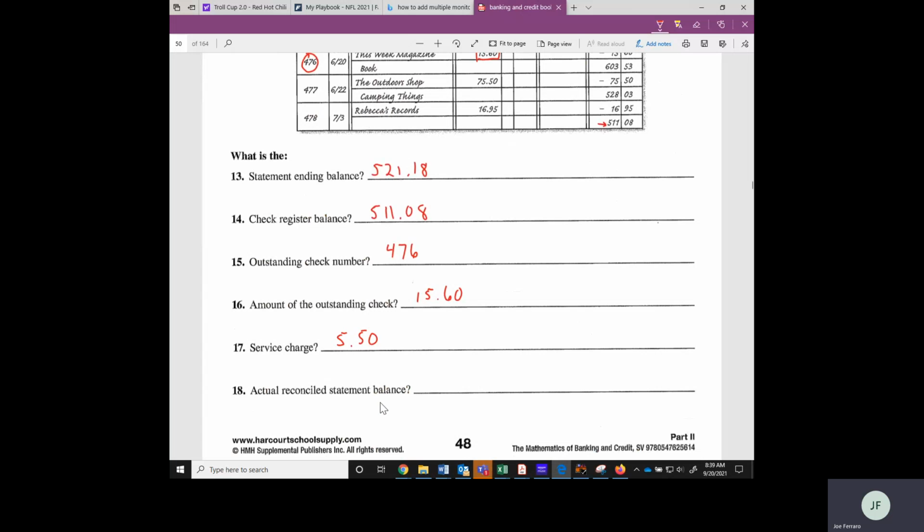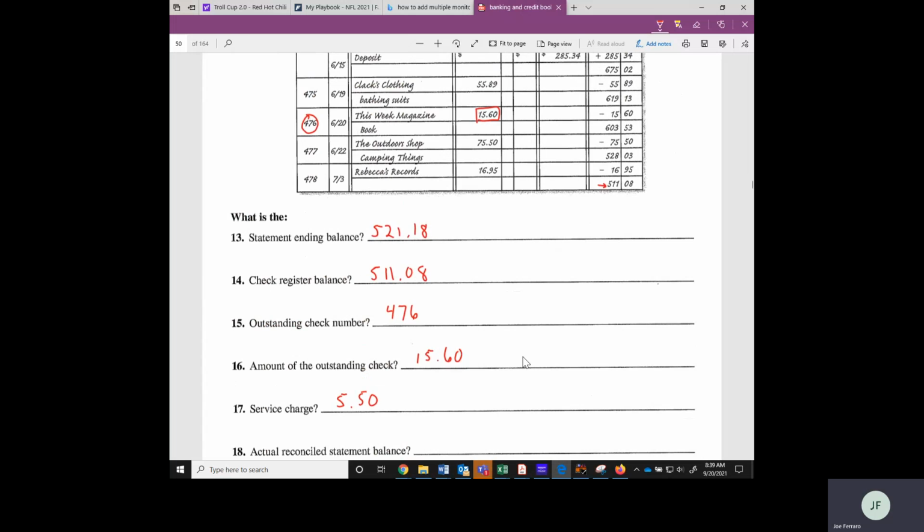Now we need to find the reconciled statement. I'm going to do just like we did before, making two columns for what the bank has and what the register has. The bank starts off with 521.18. They are missing a check for 15.60. The checking account register starts off with 511.08, and we are missing the service charge for 5.50.